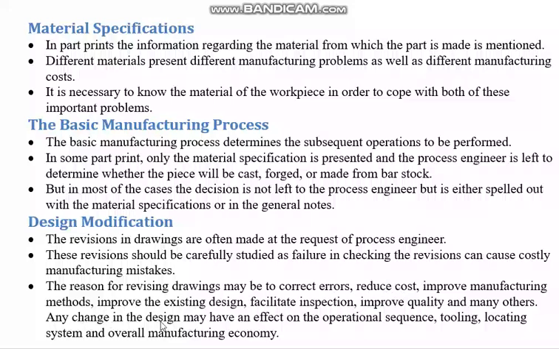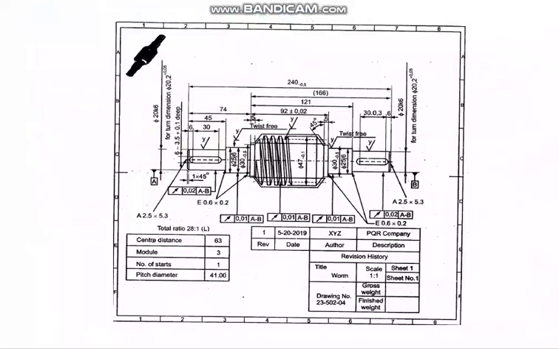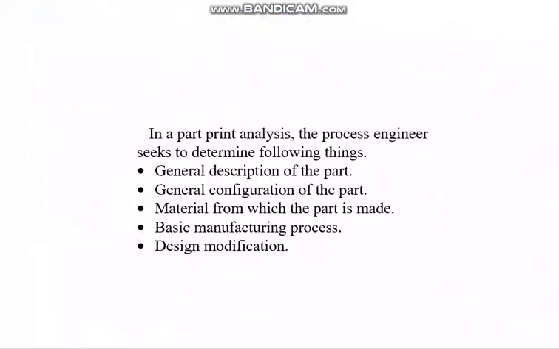Any change in the design may have an effect on the operational sequence, on the tooling, on the locating system, or the overall manufacturing economy also. So it is always better to take the revision drawings and then work upon them. So when you get the part drawing, you have to consider all these things.